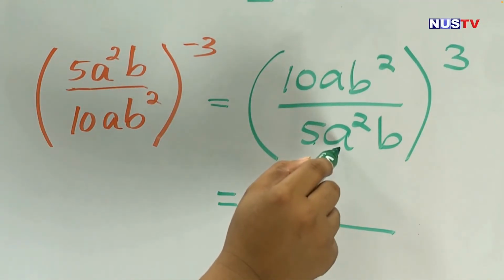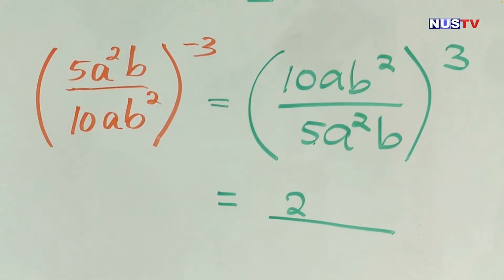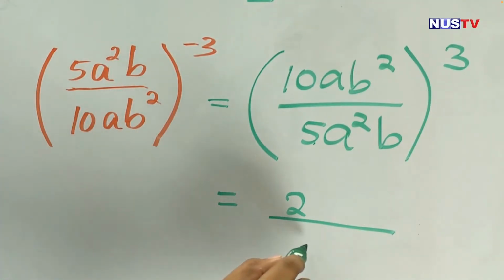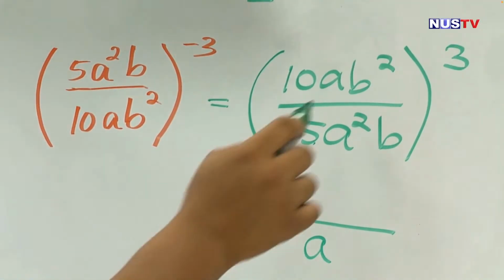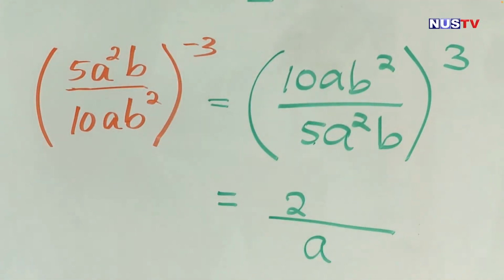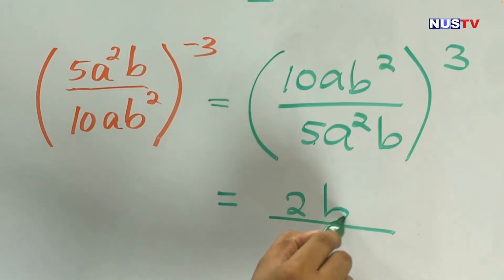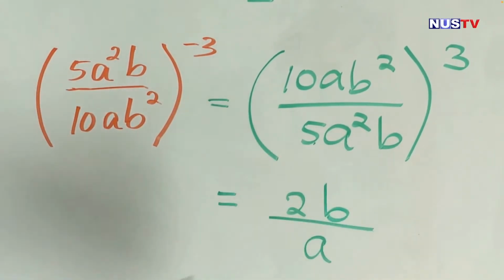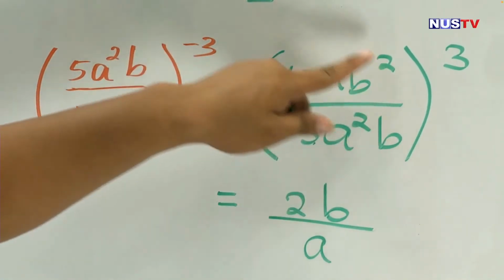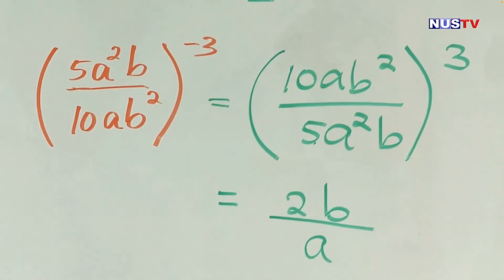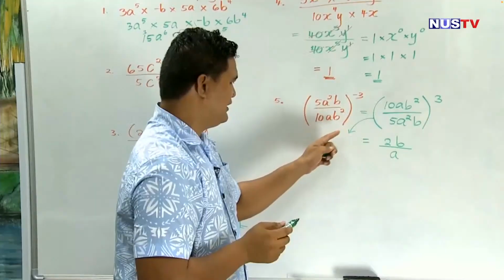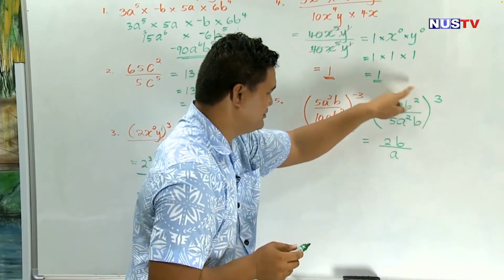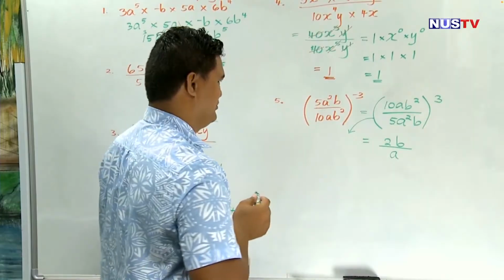A here, divided by a to the power of 2, that will be 1a at the bottom. And then b squared divided by b, it will be 1b at the top. So let's have a look here at how we are coming from this form to this simplified form.